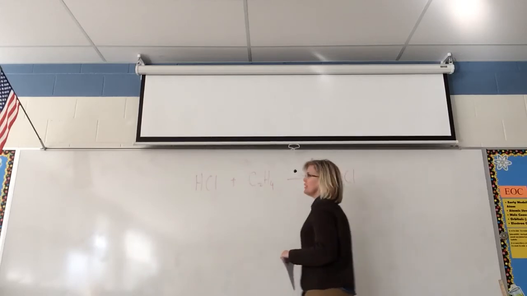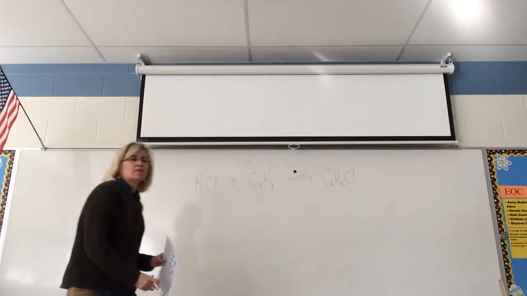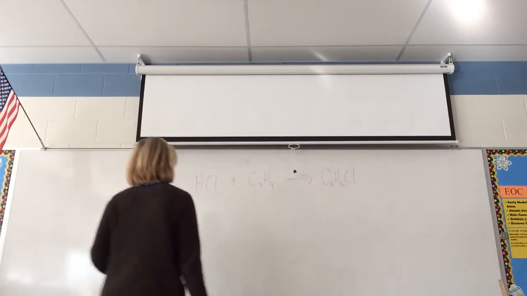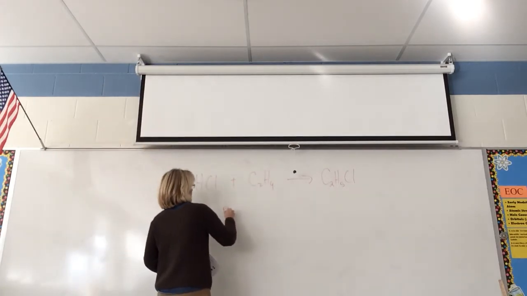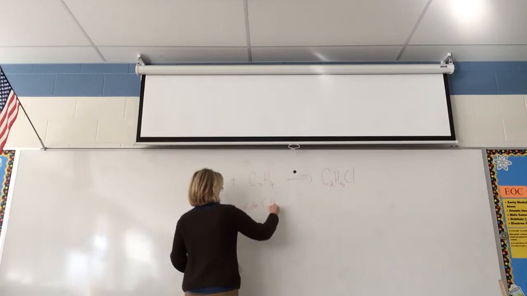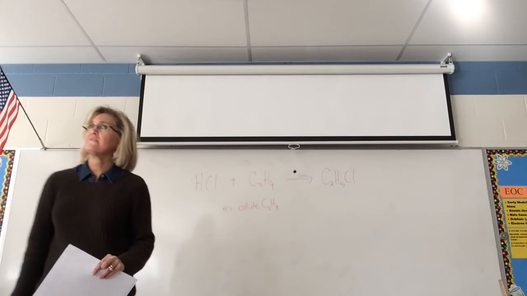Now, to get that to happen, the collision theory says 3 things must occur. First of all, the HCl must collide with the C2H4. In other words, there's got to be contact. If they don't contact each other, there's no reaction.